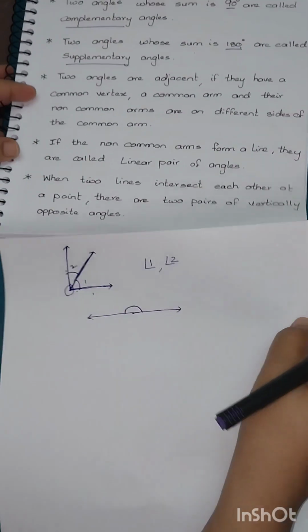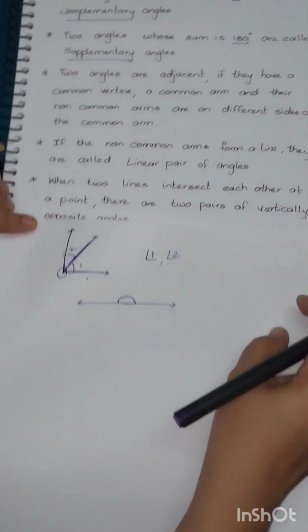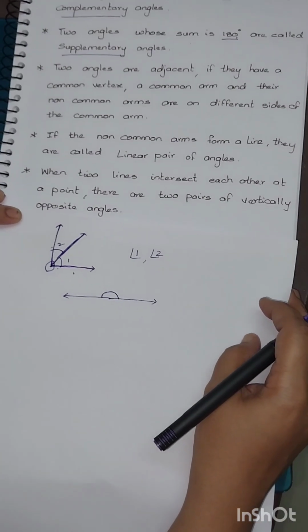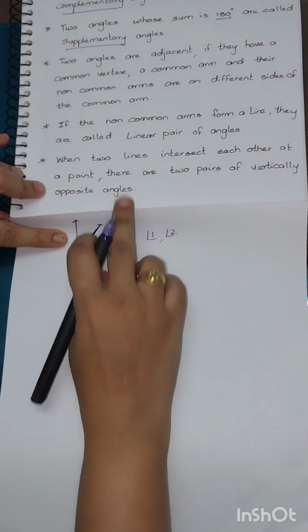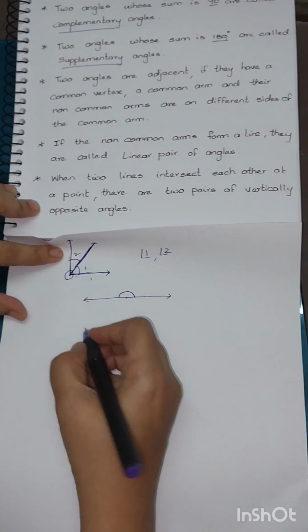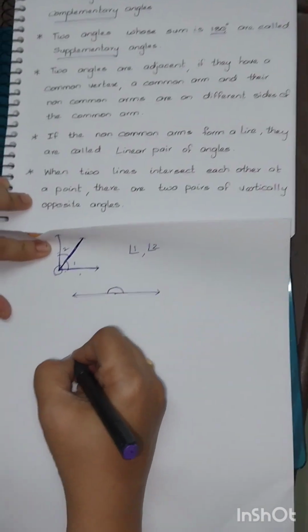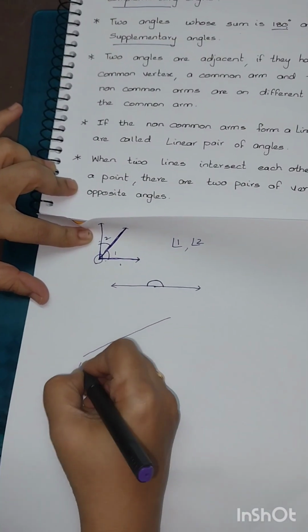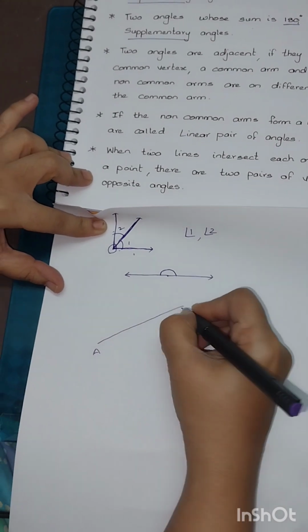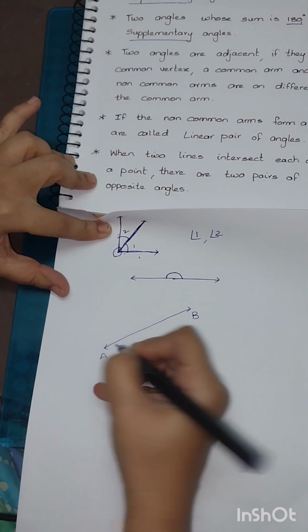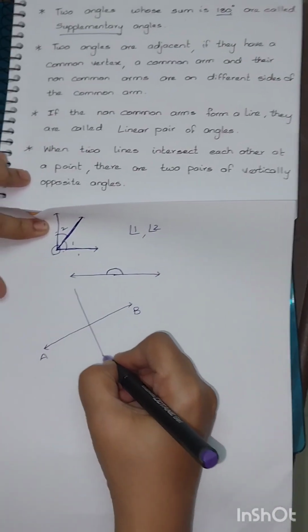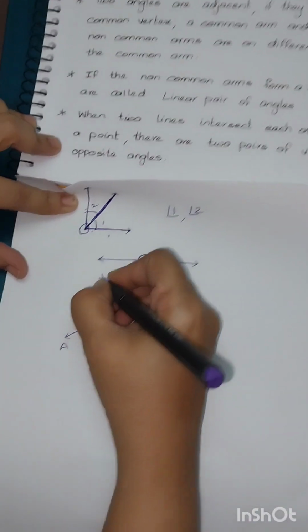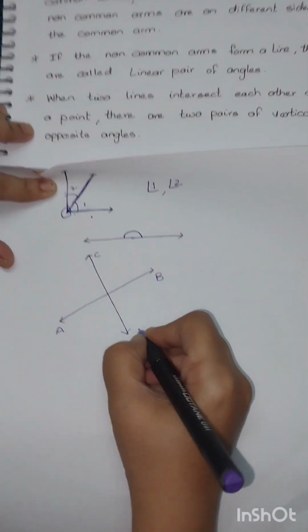Now, when two lines intersect each other at a point, there are two pairs of vertically opposite angles. So, let us see. This is one line, AB. Now, let us see another line. This is one more line, CD.